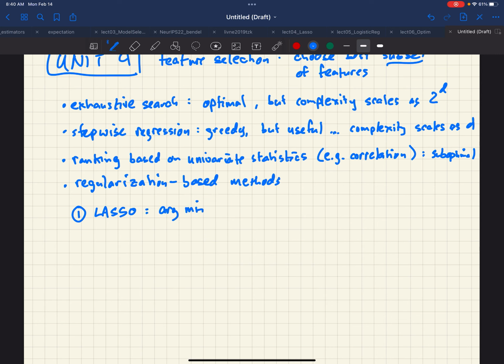So we find the minimizing beta vector where you look at the RSS plus alpha times the one norm of the beta vector.